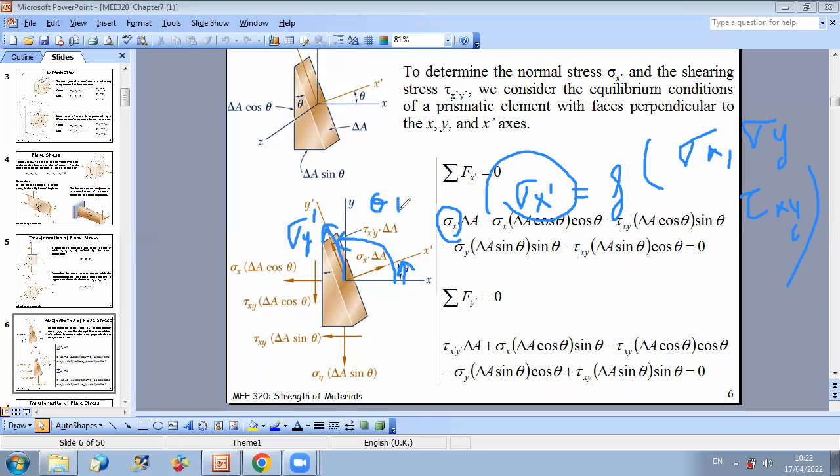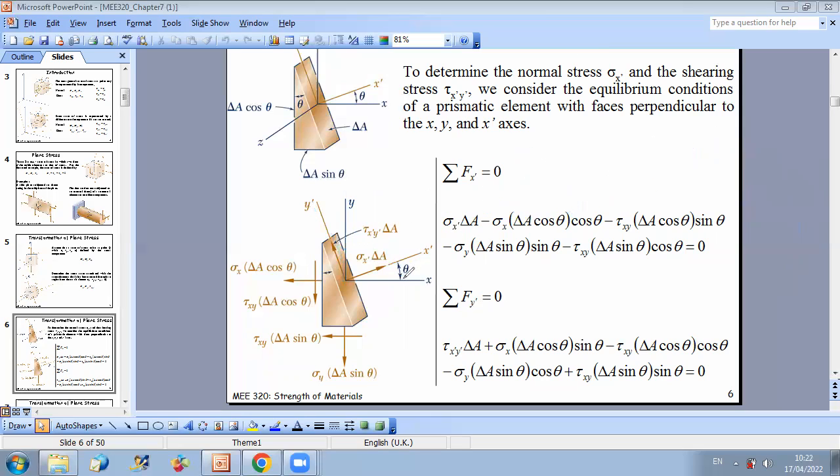If you replace theta by theta plus 90 in this formula, you will get sigma y prime, because if I rotate from x by theta plus 90 degrees, I will get the state of stress along y prime. Therefore you can easily deduce the sigma y prime formula.